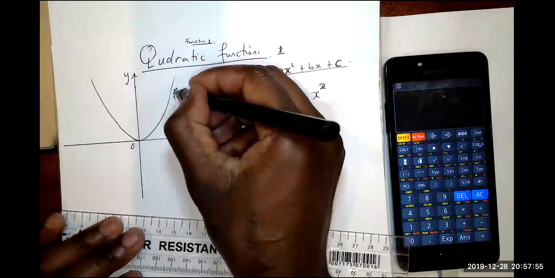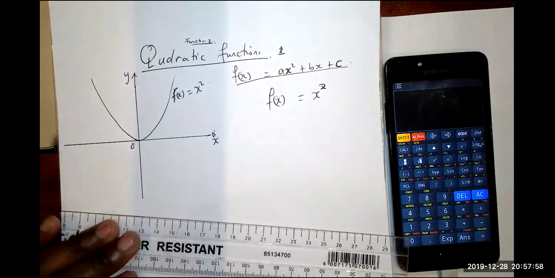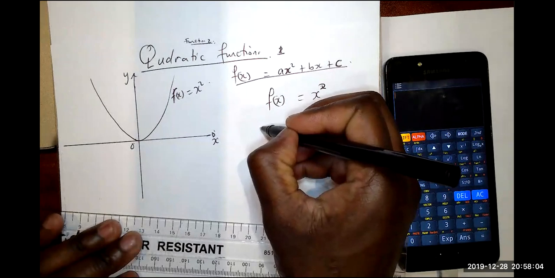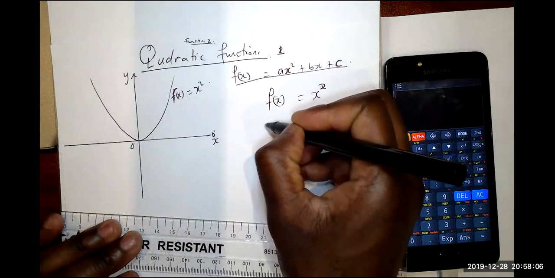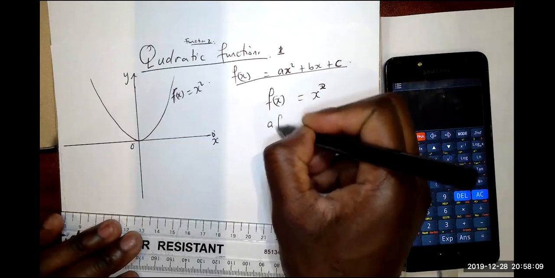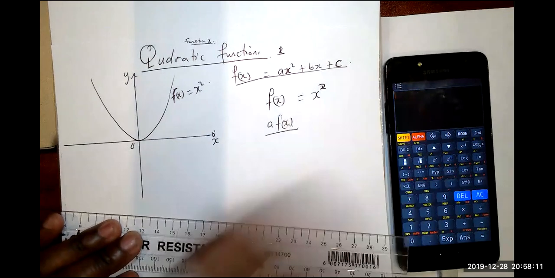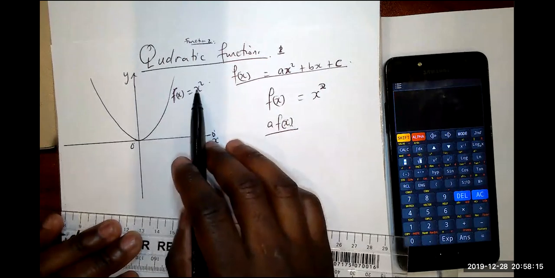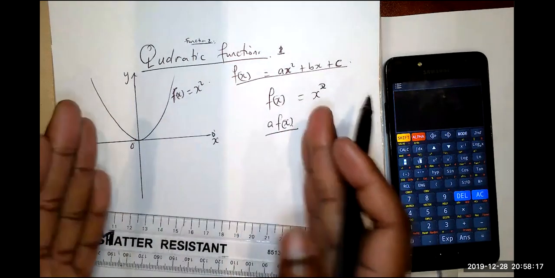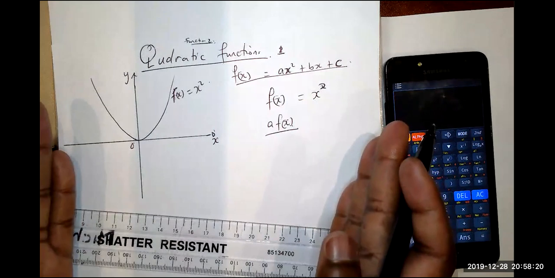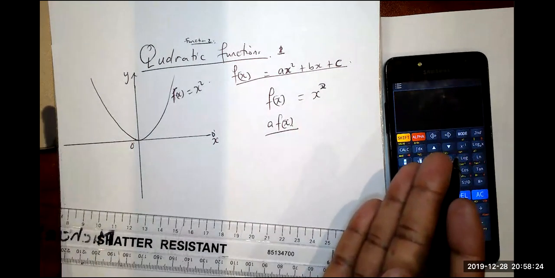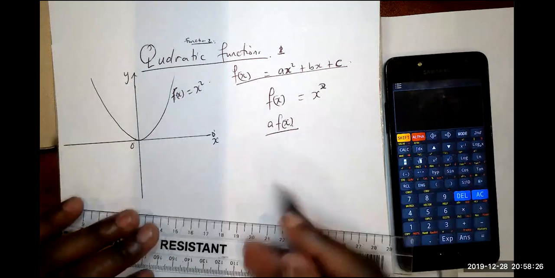Now there are different transformations that we're going to start with. For the first one, we want to know what is the effect of a in a f of x. By putting a there, what a does is widen or narrow our graph.